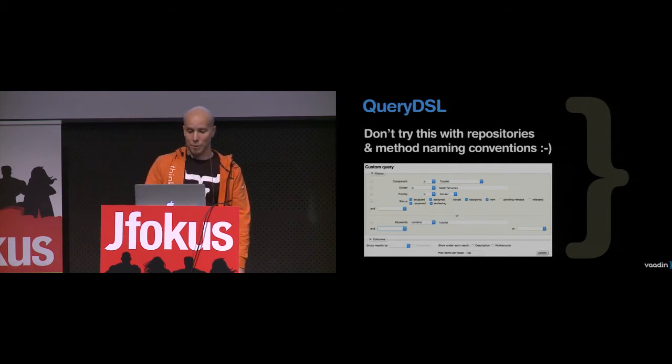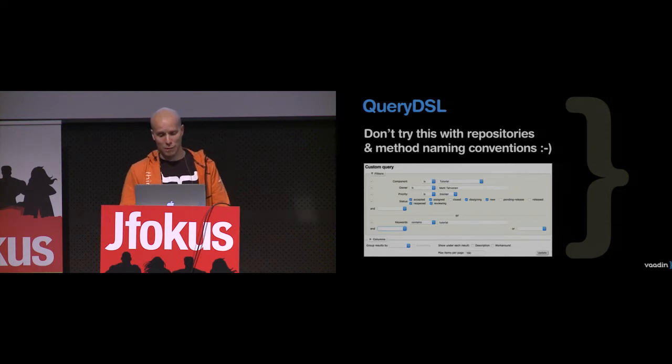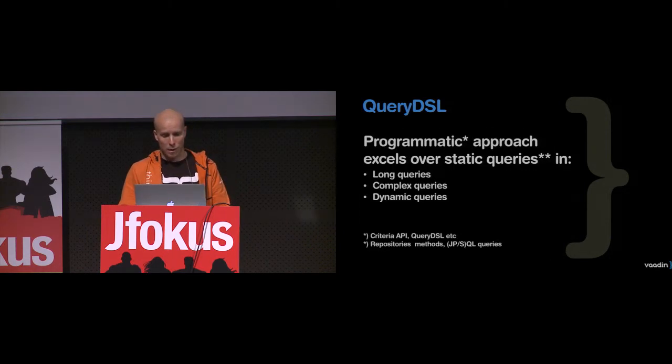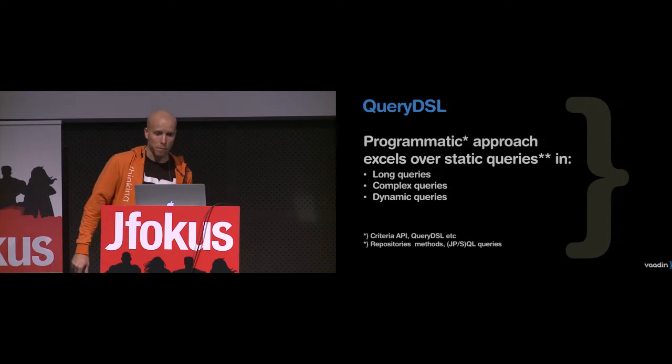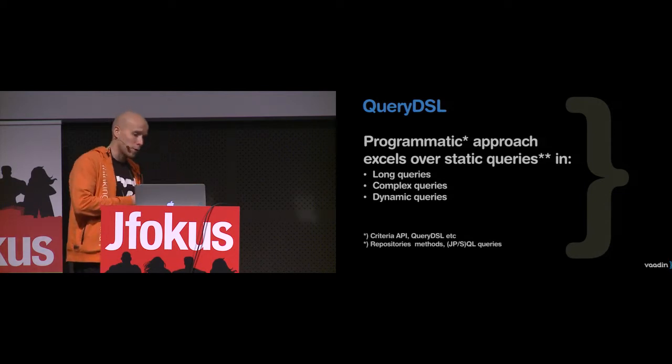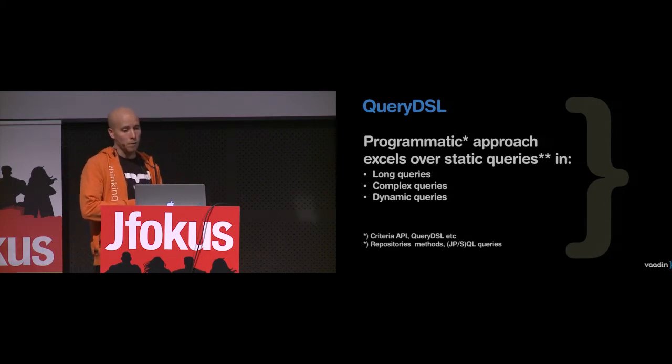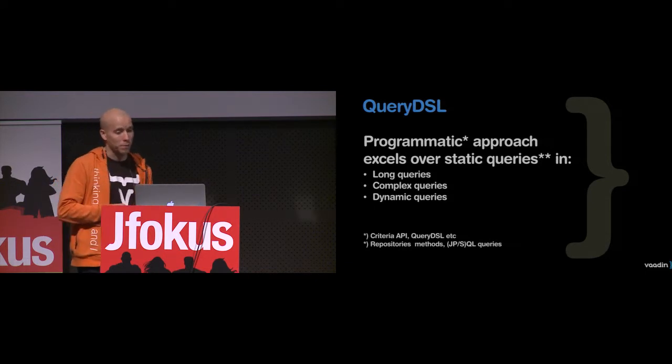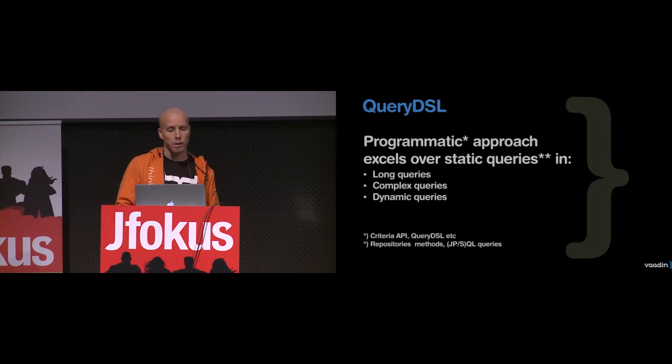If you need to do this with the repository pattern or JPQL queries, I think I would go mad. So a programmatic approach, whether it's the criteria API, QueryDSL, or the improvements in DeltaSpike Data, is really much better for complex queries and long queries, and especially this kind of dynamic queries.